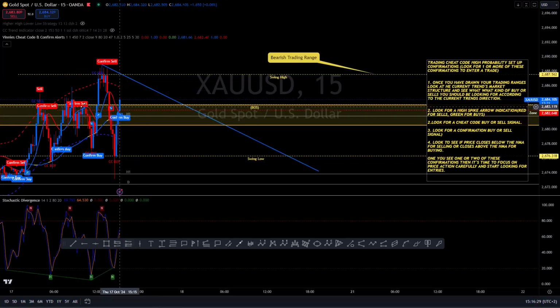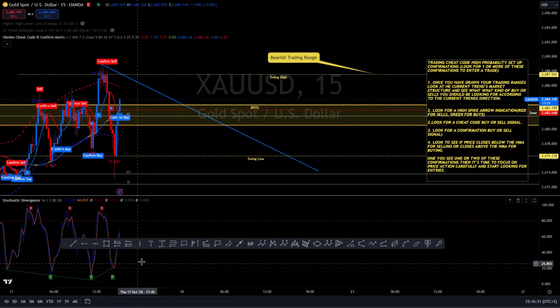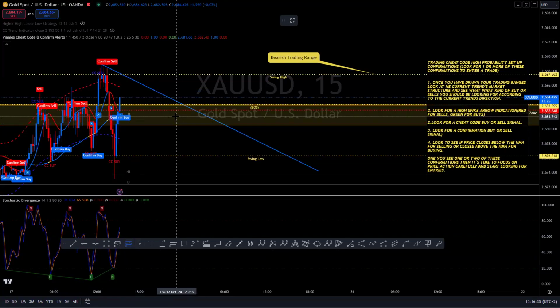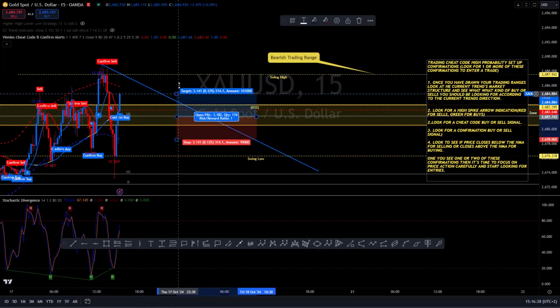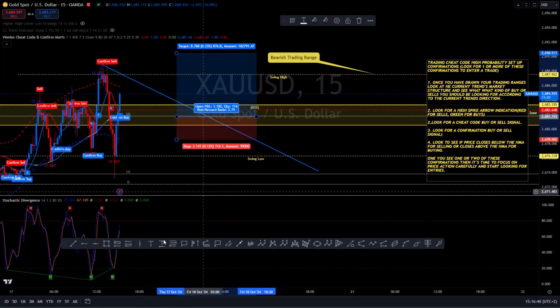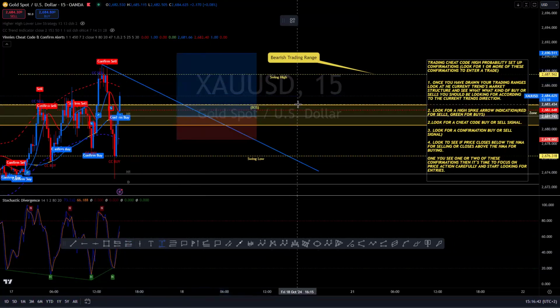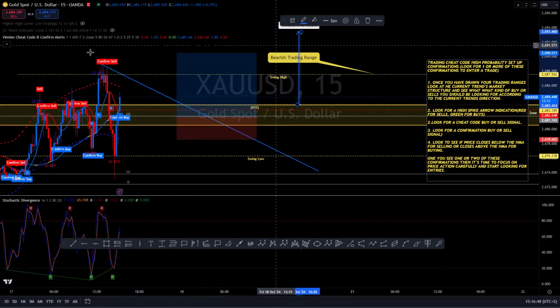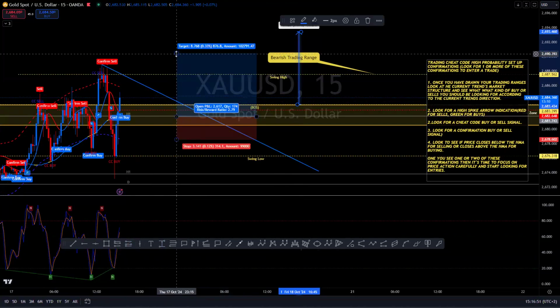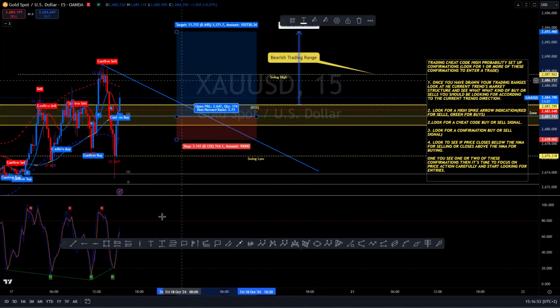So since price just closed above this previous structure, we'll look for an overall buy since it changed. And then we'll probably shoot all the way up to here. And then at least 1,000 points.